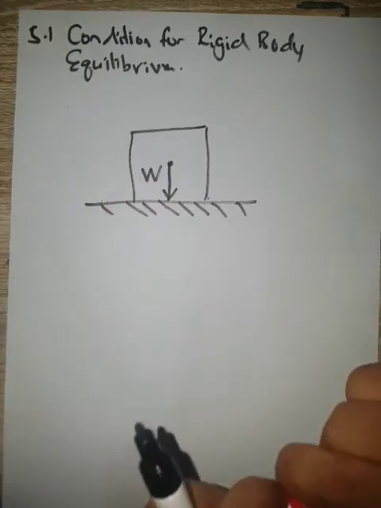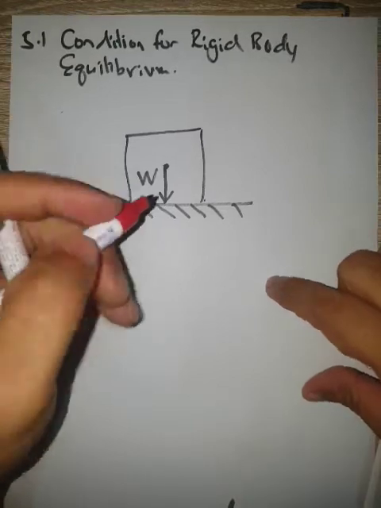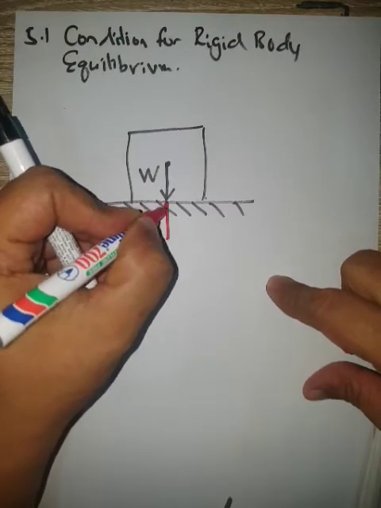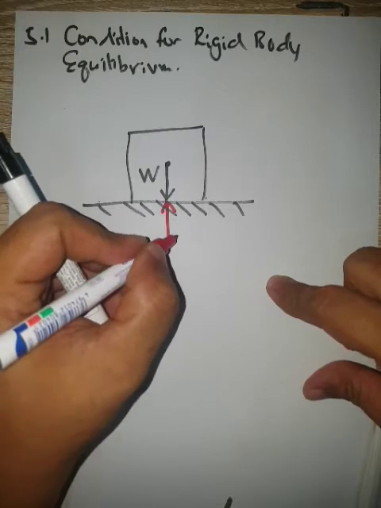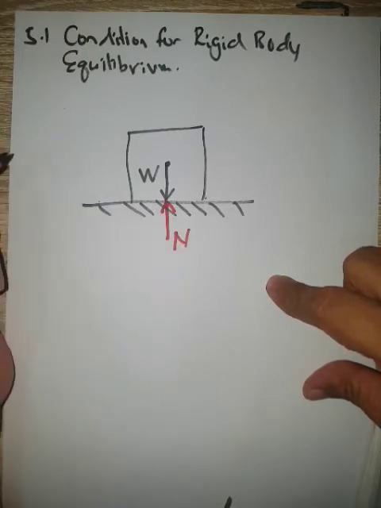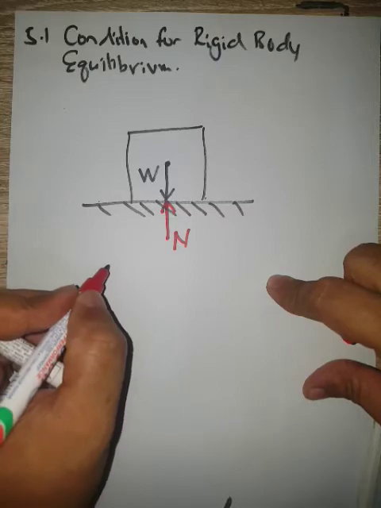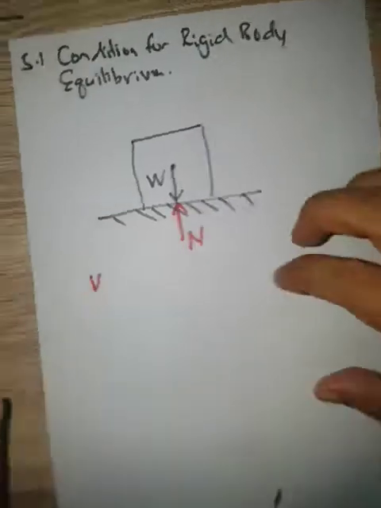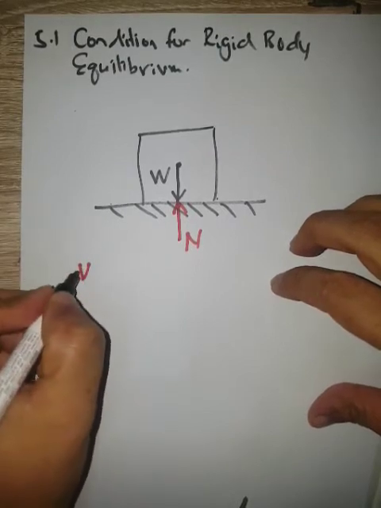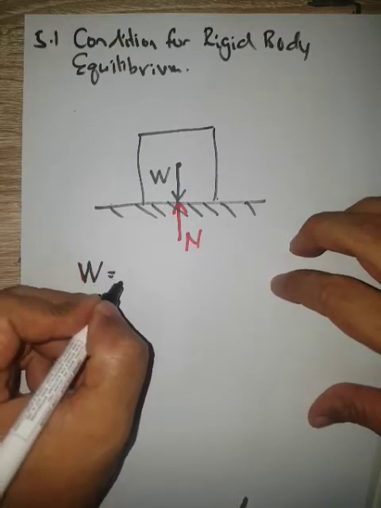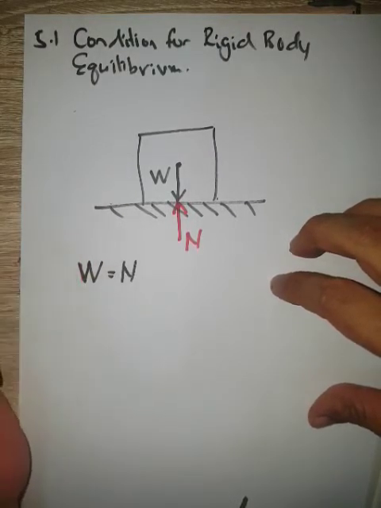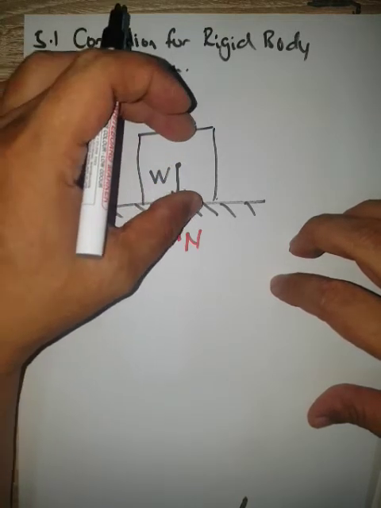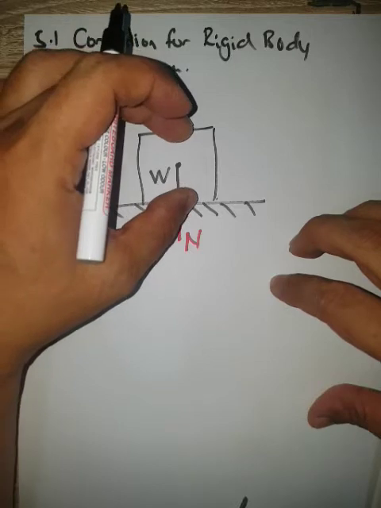It's because the floor exerts a reaction force, which we call the normal force. The weight of the box must be equal to the normal force. That's why this box will stay on the floor and doesn't move.